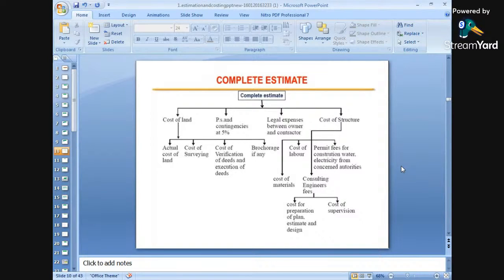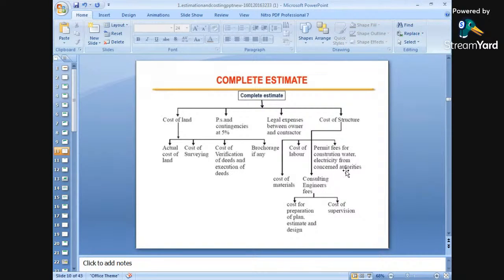So all these expenses will be taken care of under the head of cost of structures. Again, the cost of structures will include cost of materials, cost of labor, and the cost required for maintaining the electricity and water requirements, because water is a must for any construction work. Okay? Any construction work cannot be carried out without water.